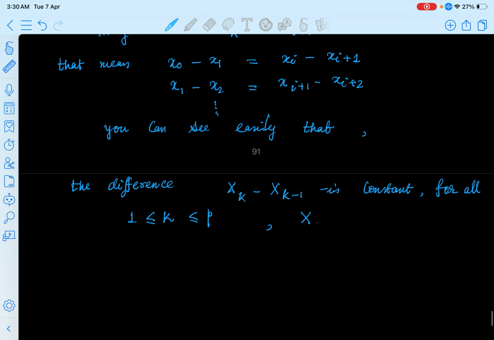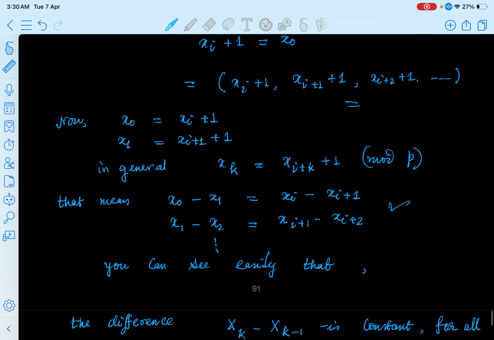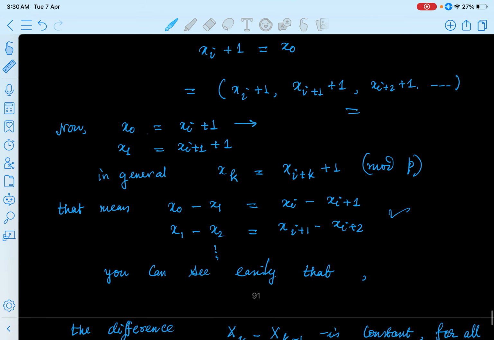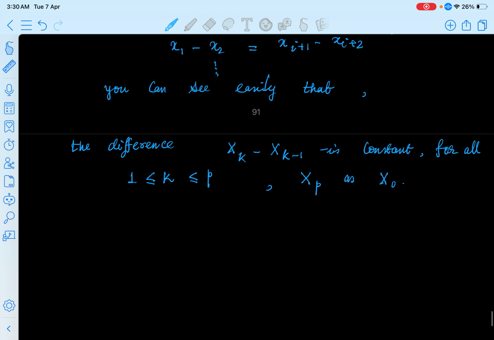Here you have to treat xp as x0. So by this every difference is the same. First of all, you can notice that if this happens, i is not equal to 0, because then x0 would equal x0 plus 1, which is not possible. So you get that.